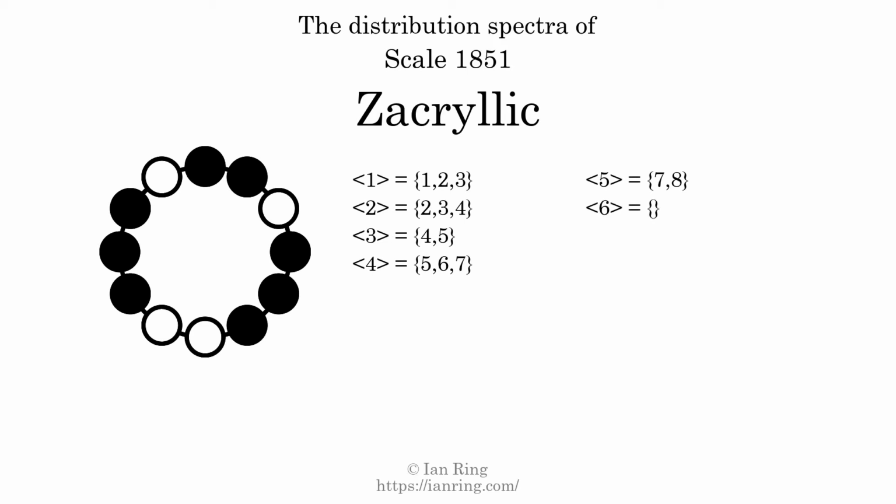The generic interval of 6 scale steps comes in 3 different specific interval sizes: 8 semitones, 9 semitones, and 10 semitones. The spectrum width of this generic interval is 2. And finally, the generic interval of 7 scale steps comes in 3 different specific interval sizes: 9 semitones, 10 semitones, and 11 semitones.